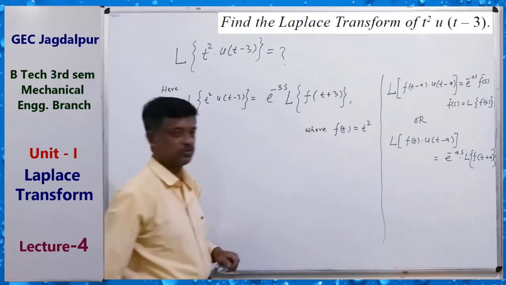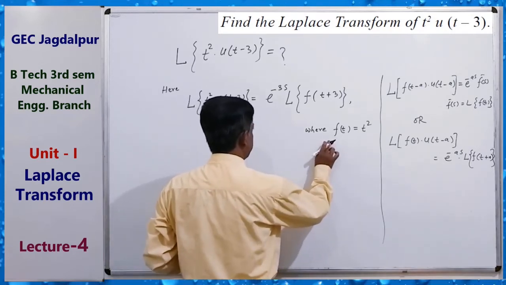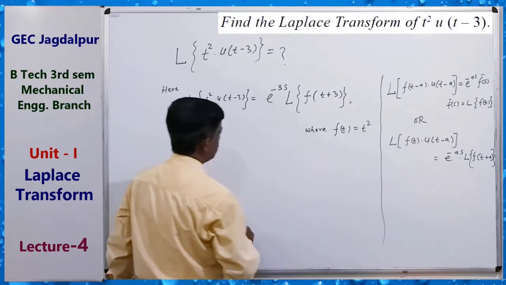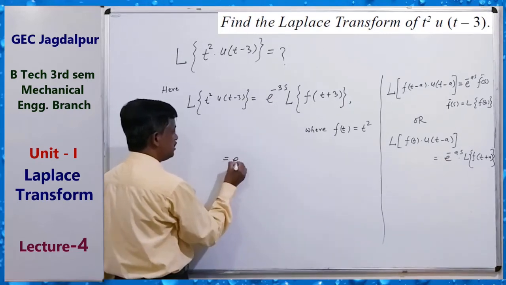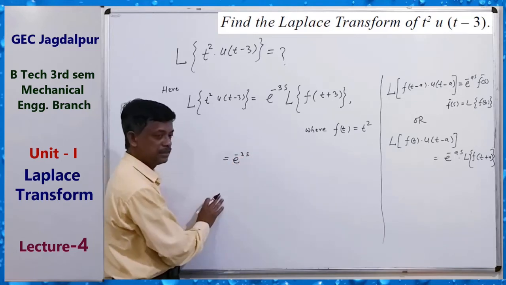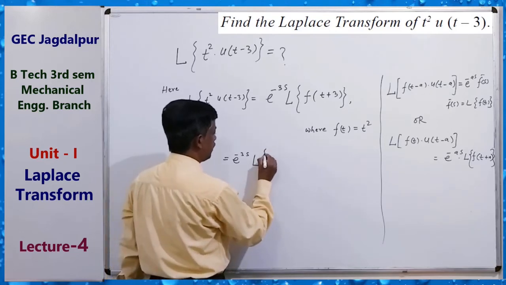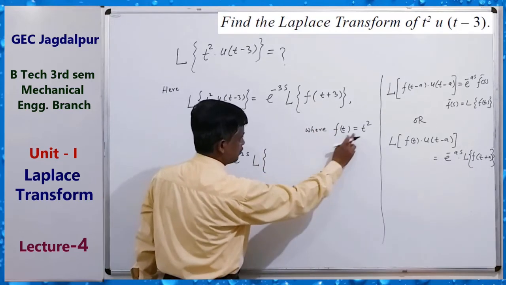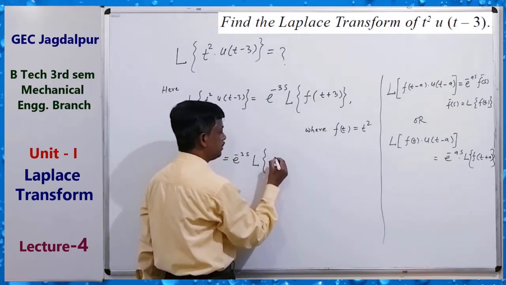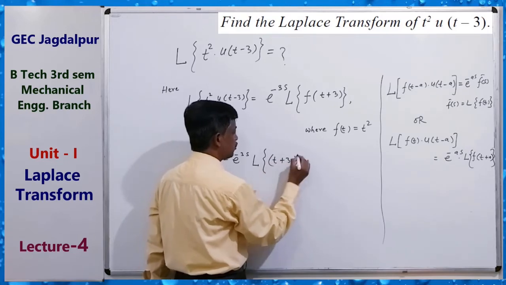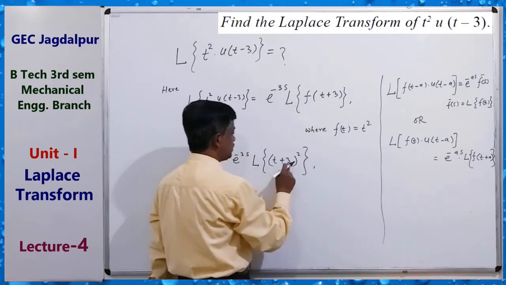So f(t plus 3) equals what? (t plus 3) square, because f(t) equals t square. So f(t plus 3) equals (t plus 3) square.